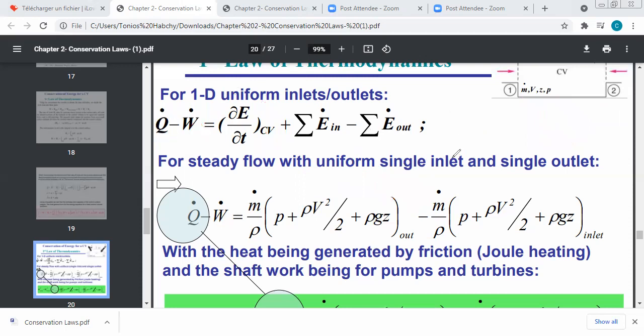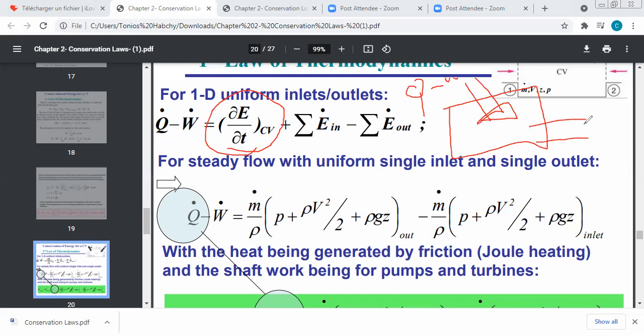The energy given to the system, which is Q dot minus W dot, can be given in the form of heat or work rate. If we give energy to the system, this energy can be divided into two parts. It can be accumulated by the control volume if we have a transient application, and the remaining part will be carried out by the flows that are going out.